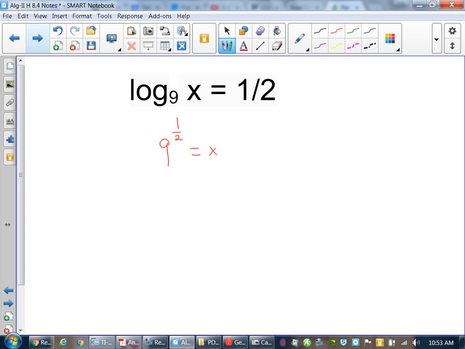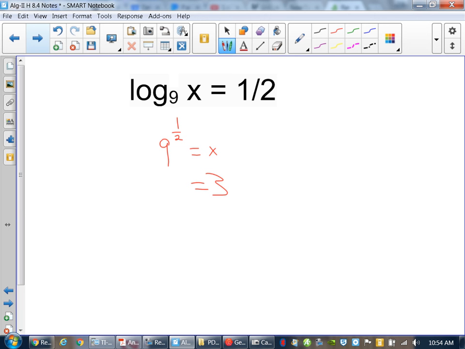No. Well, yeah, it means 0.5, but what does the 1/2 power mean when you're talking about an exponent? It's a fraction. You take half of this. It's a square root. What's the square root of 9? x equals 3.